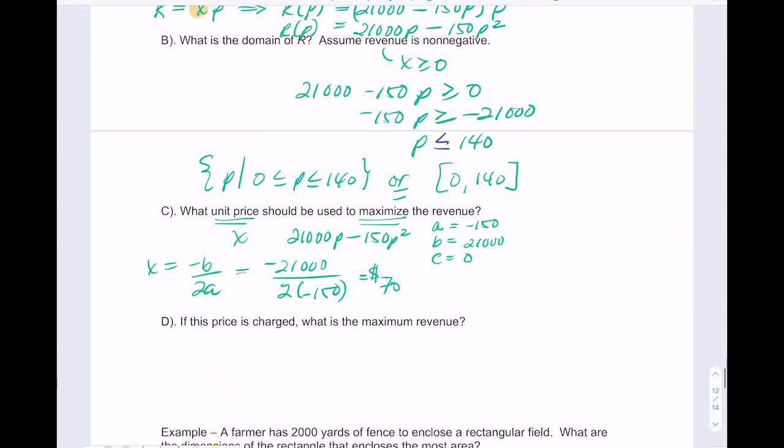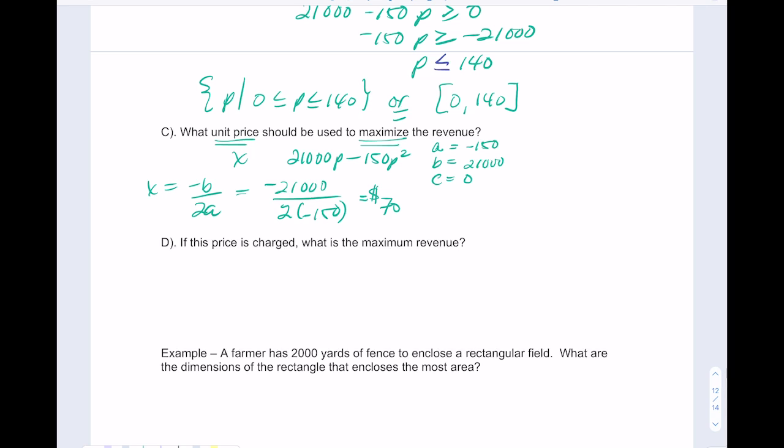So how do we do that now? We're going to take our X, and how do we calculate the Y value of the vertex? We're going to plug in our 70 for P. So I'm finding R of 70. Okay, and I missed a P here.